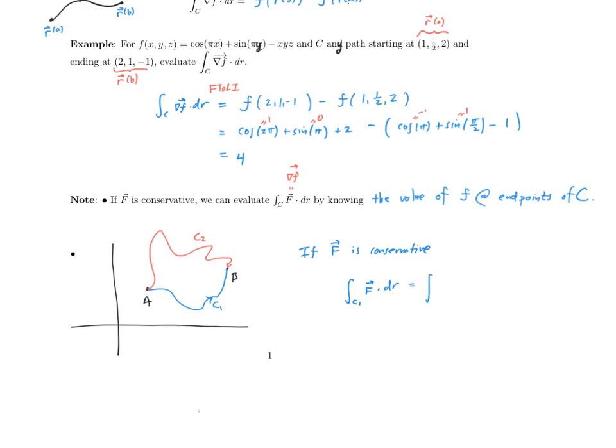So the curve itself is irrelevant as long as it starts at one point and finishes at the other. And because the curve itself is not important to evaluate this integral, it's just the start and finish point, we refer to this as being independent of path.